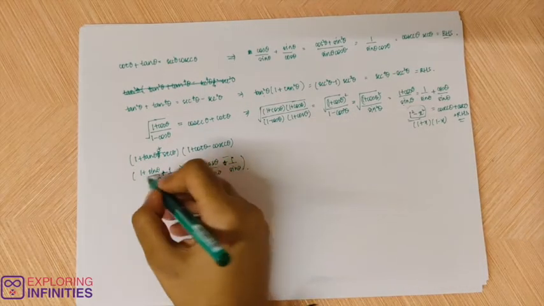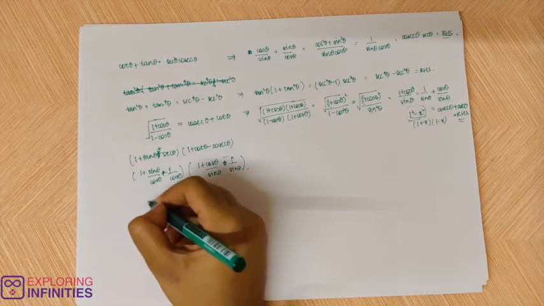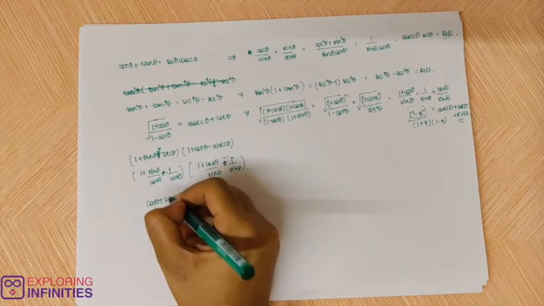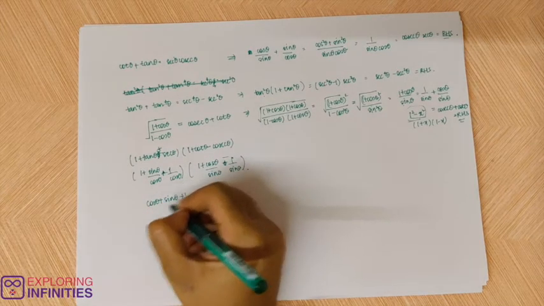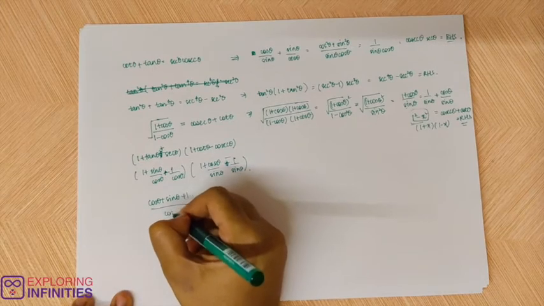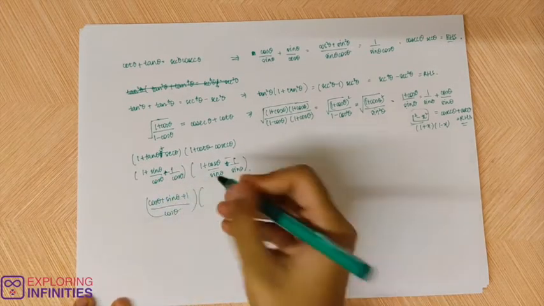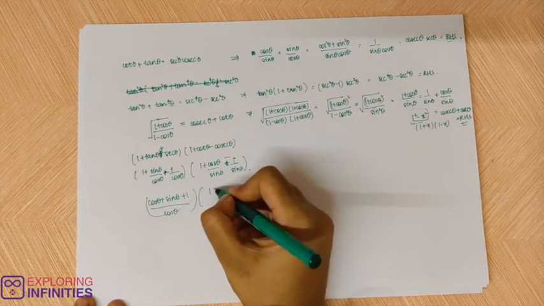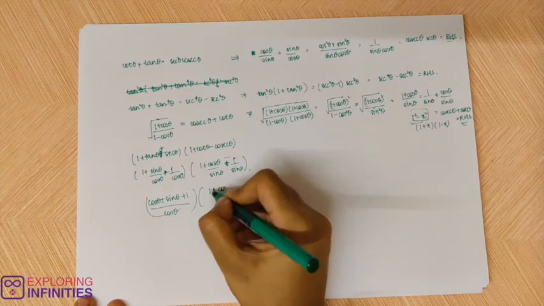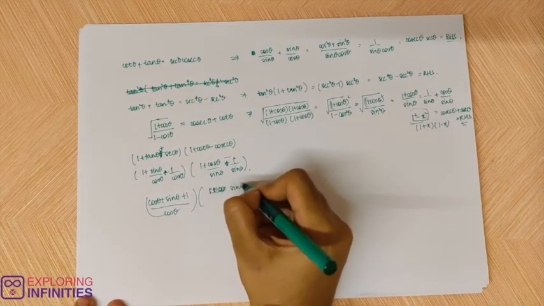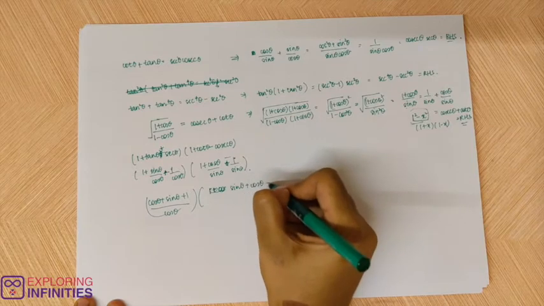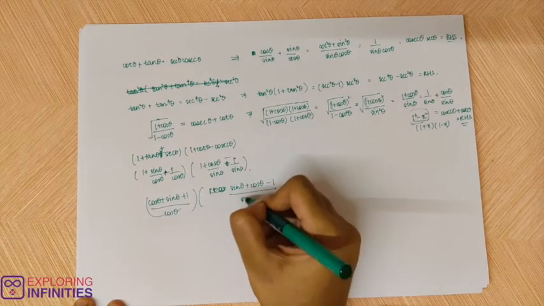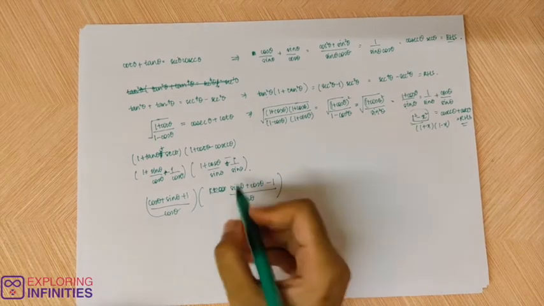So what will this be? This will be (cos theta plus sin theta plus 1) by cos theta into (sin theta plus cos theta minus 1) by sin theta, because I cross multiplied.